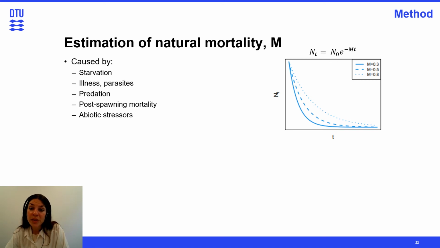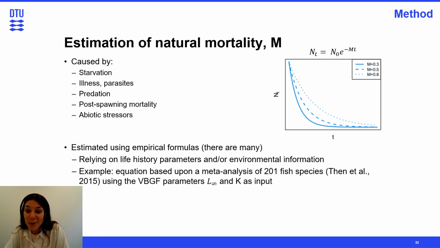When no controlled experiments or tagging data is available, the main approach for its estimation is to use empirical formulas. There are plenty of different empirical formulas for the estimation of this parameter that rely on correlations with life history parameters and/or environmental information.